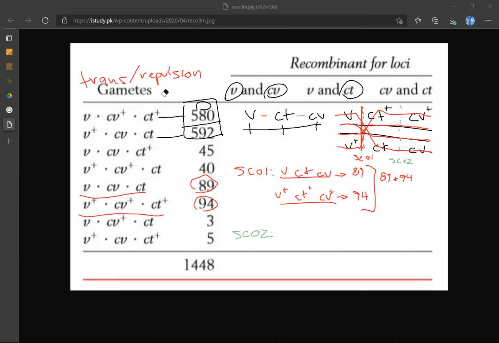When we are looking at the amount of individuals that crossed over at this first locus, we have to consider double crossovers as well, because they crossed over at this locus and this locus. And because they did cross over at this locus, they are considered when looking at single crossover 1.